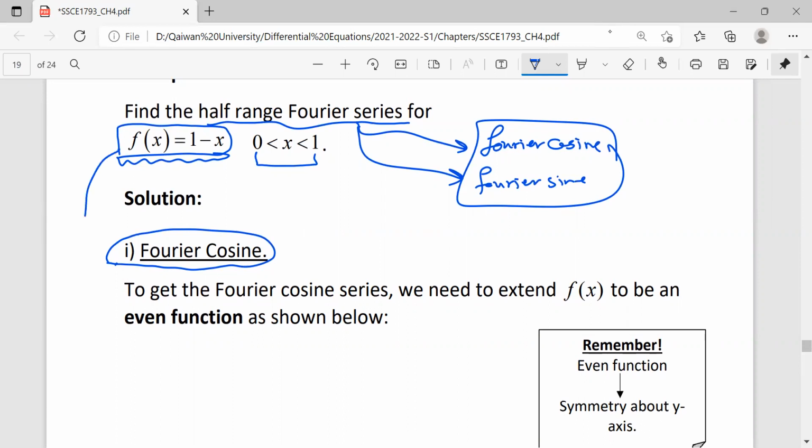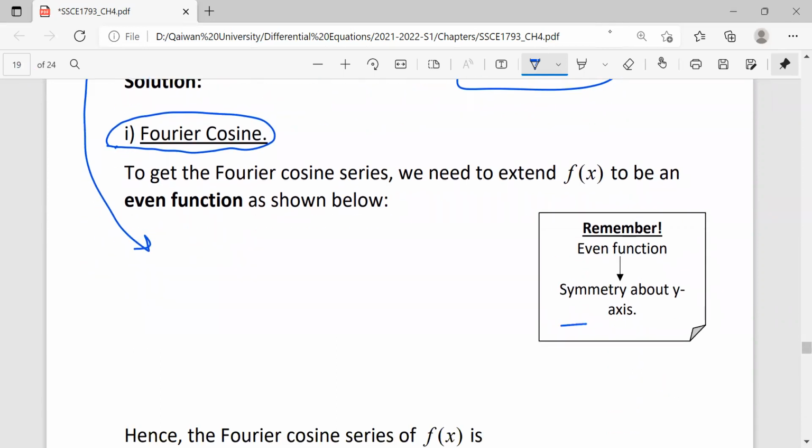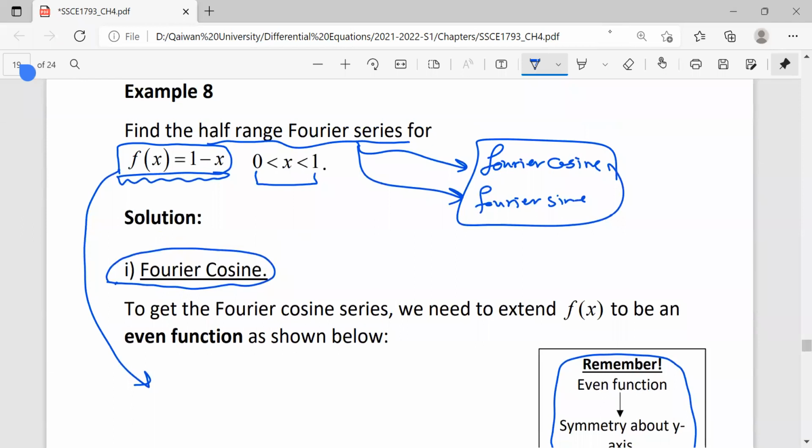To convert this to an even function, what do we do? Here we have a note. It says an even function is symmetric about the y-axis. First, let's draw the graph for f of x. Then we find its symmetrical part about the y-axis.